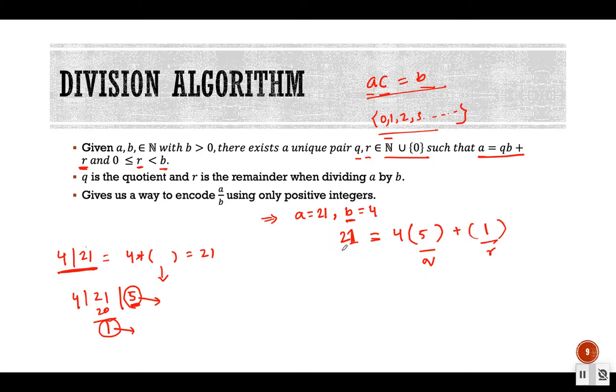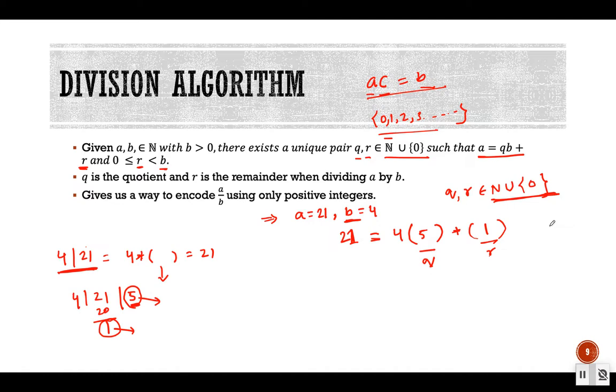So a equals b times some number q plus some number r, where both q and r belong to the natural numbers union 0, meaning all the positive integers including 0.